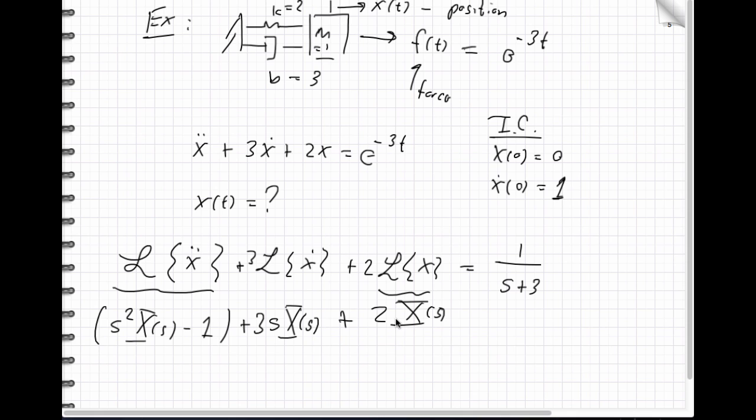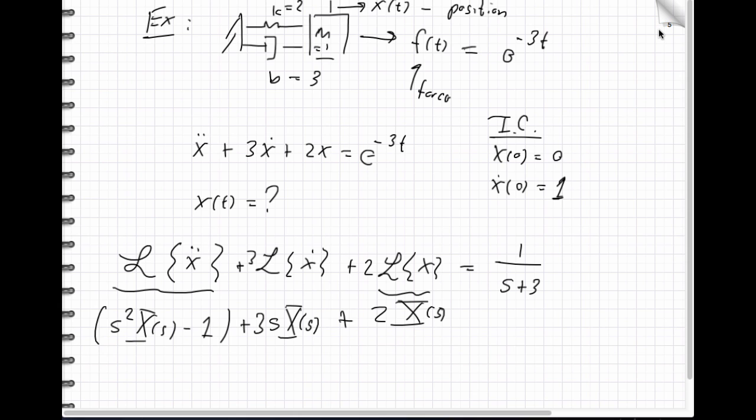All right? So now we can do algebra and factor out x of s. Before, we could not factor out x of t because it had derivatives. You notice here x of s can just be pulled out. So let's go ahead and do that.